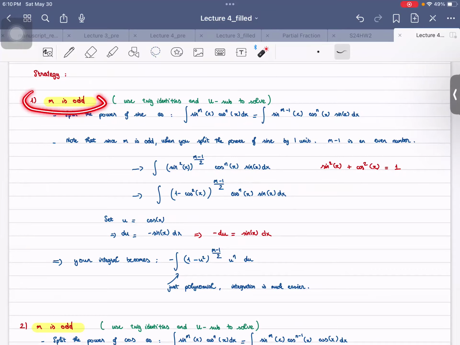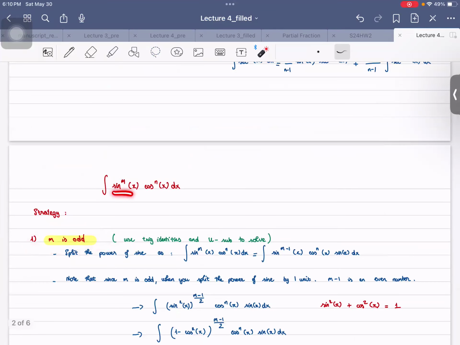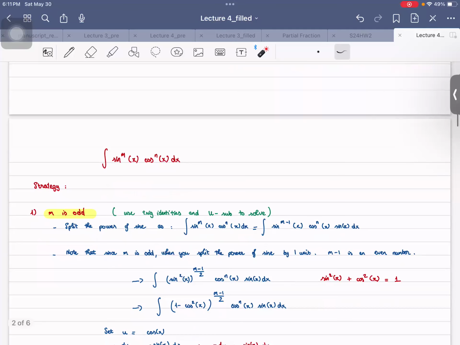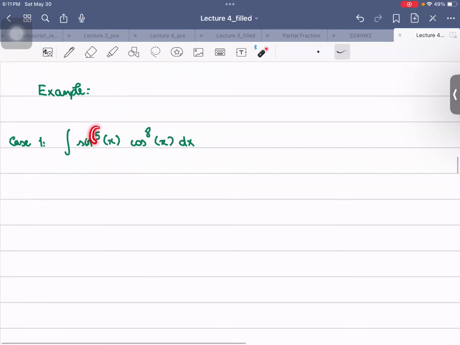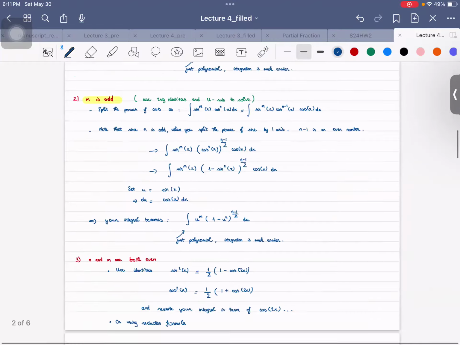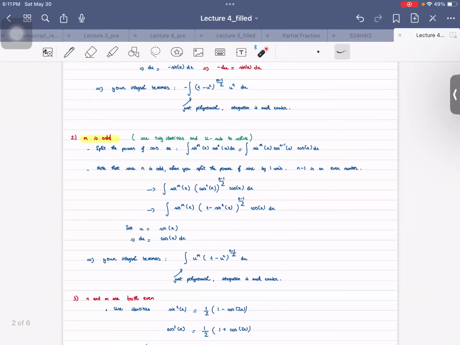What should we do if you have the integral of sine times cosine to some power, and the power of sine is an odd number? In this example, you see that you have sine to the power of 5, and 5 is an odd number. To deal with this problem, the first step is to split the powers of sine.